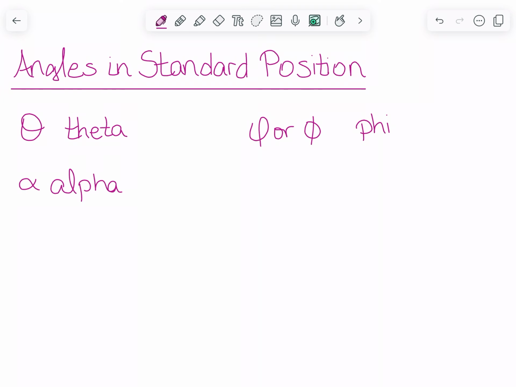We have alpha with this symbol here, beta, this symbol here, and gamma, this symbol here. Theta and phi are used most often, but occasionally we do use alpha, beta, and gamma for looking at angles as well.